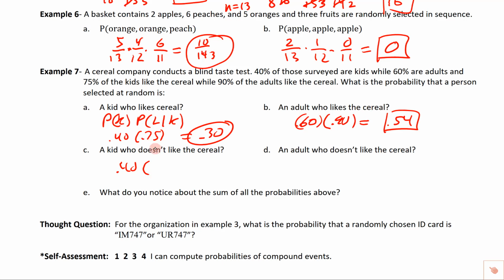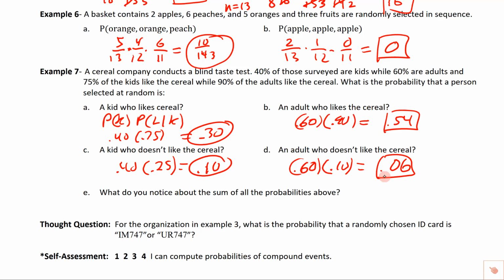Its complement to 75 would be 25, so this is going to be 0.25. So this is going to be 0.10. And for an adult, the probability that they don't like the cereal is 10%, so you end up with 0.06. Now, any questions about that?